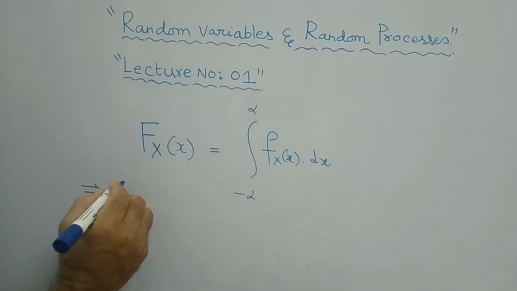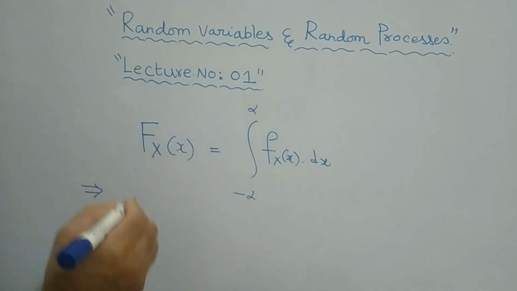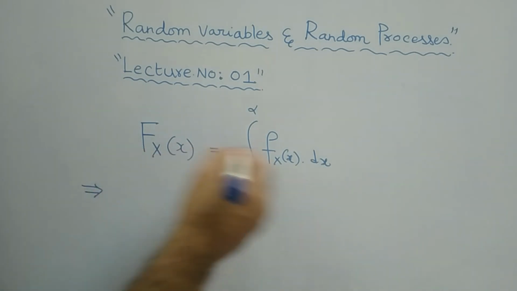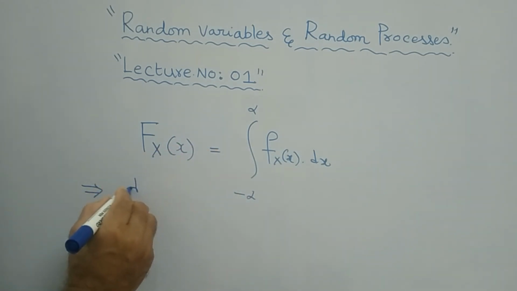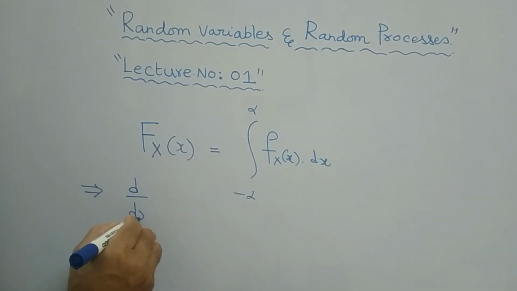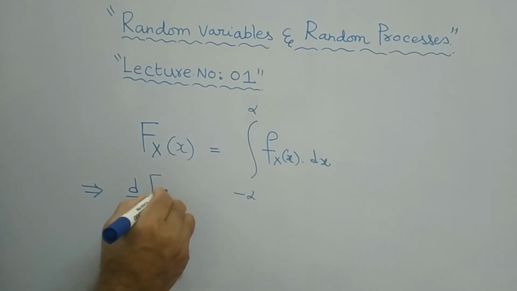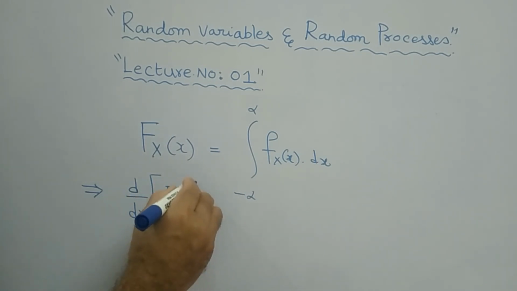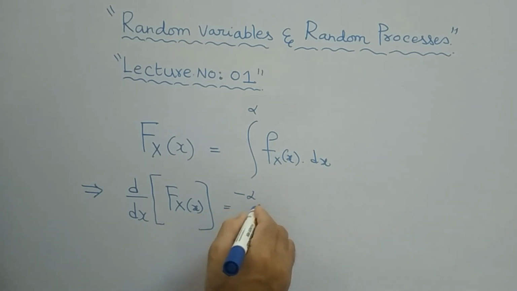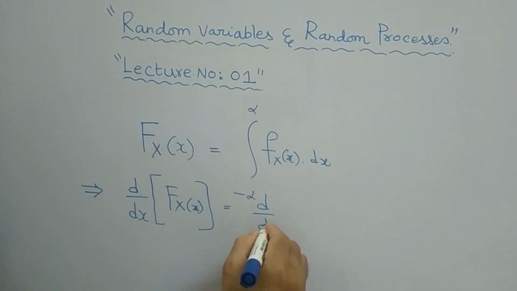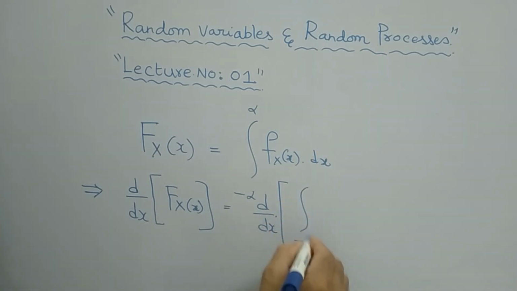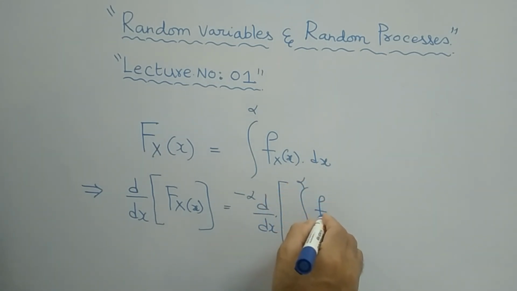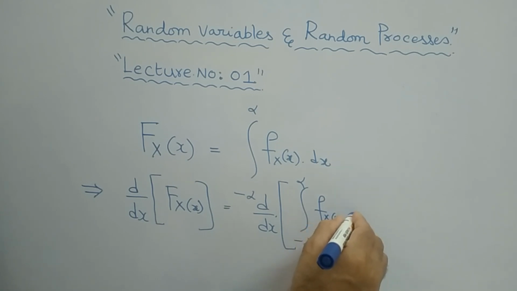By taking the differentiation on both sides, you get d by dx of capital F of x, which is equal to d by dx of the integral from minus infinity to plus infinity of f X of x into dx.